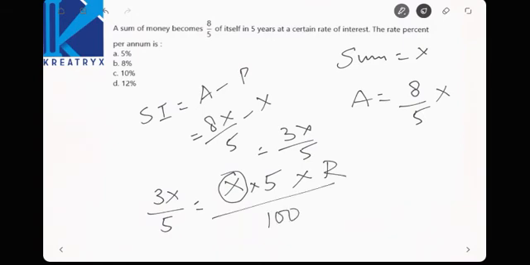Upon simplification, what will R be? R will be equal to 12%, right? Easy calculations. X will get cancelled. 300 by 25 is nothing but 12%.